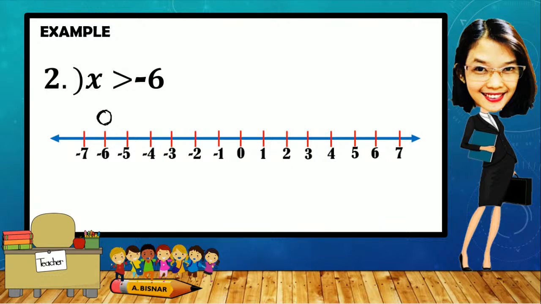From what we have studied before, mas lumalayo sa 0, yung mga negative, mas lumiliit. So, ibig sabihin, mas maliit yung negative 7. So, papunta sa kanan, kasi nga, greater than.